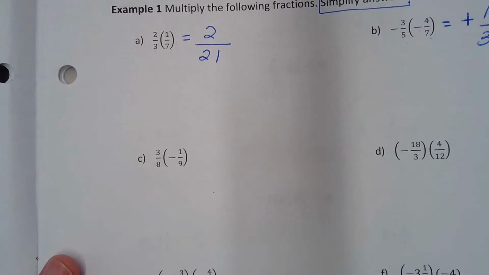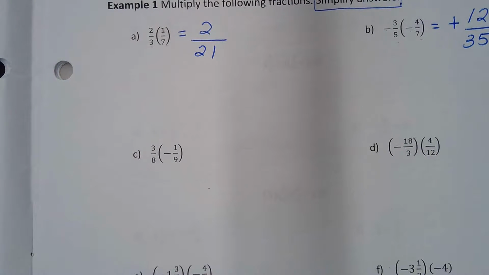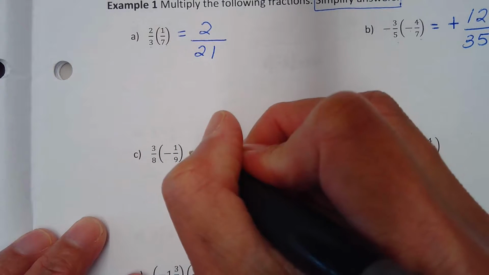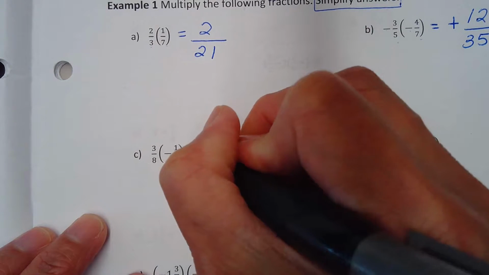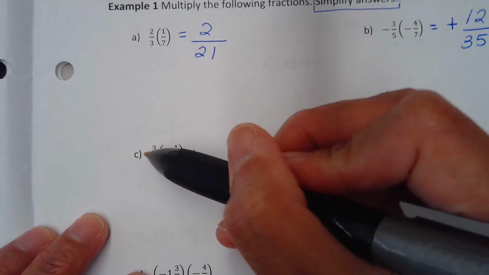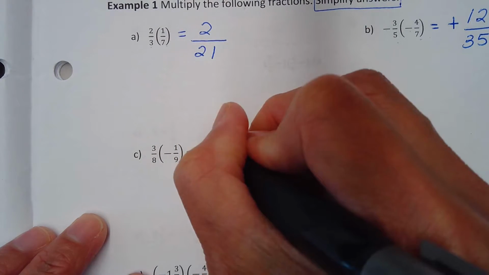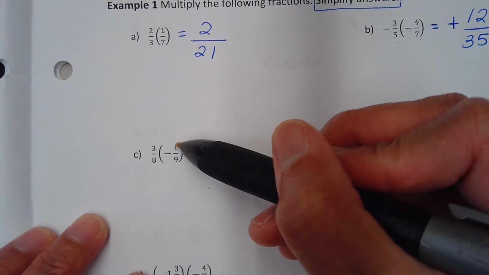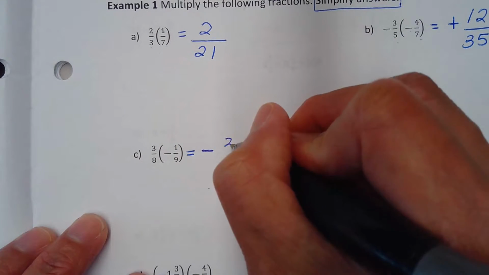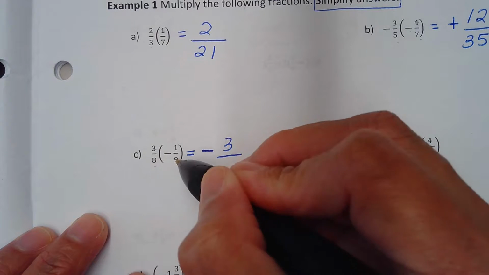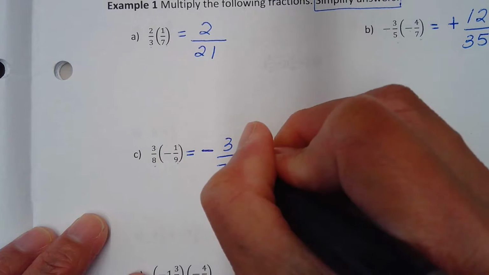I've got to show you 2 different ways to do letter C. Okay. Here's one way. Positive times a negative, it's going to be a negative. 3 times 1 is 3. 8 times 9 is 72.